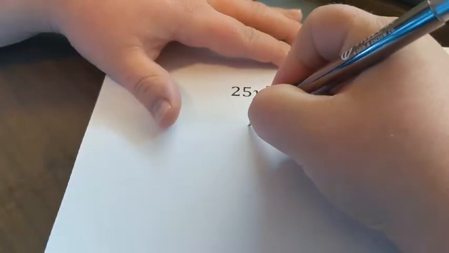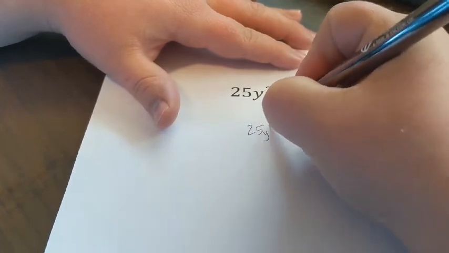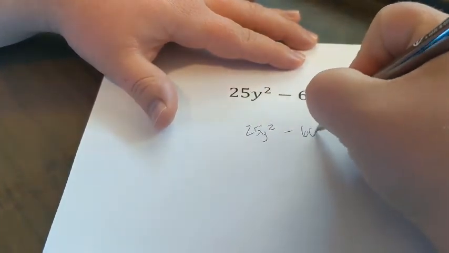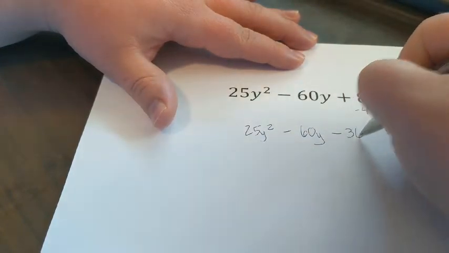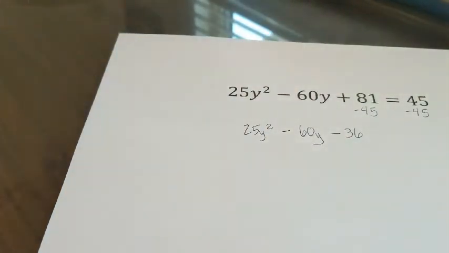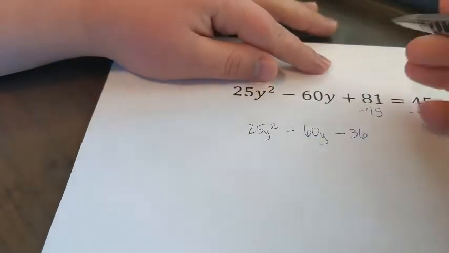So we're going to have 25y squared minus 60y minus 36. And I'm hoping, no, I don't think it is. This one's going to be rough. Equals 0.